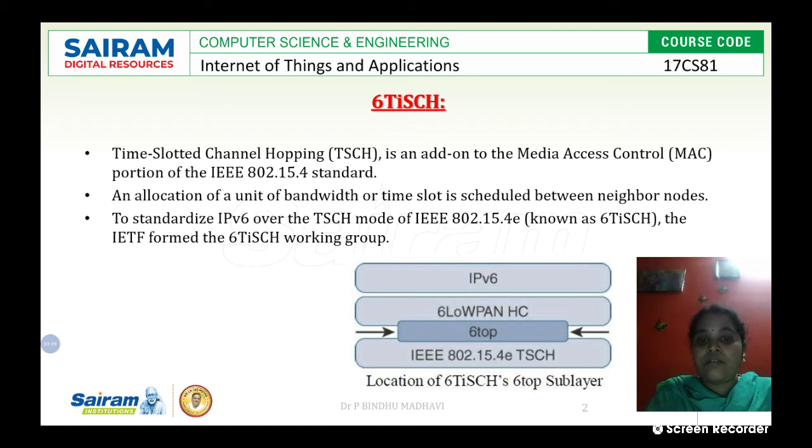Okay, so in the slide I mentioned the location of the 6TiSCH 6top sublayer. As I mentioned, it is a time slotted channel hopping model, or a standard which is an add-on to the medium access control layer portion of the IEEE 802.15.4 access technology.